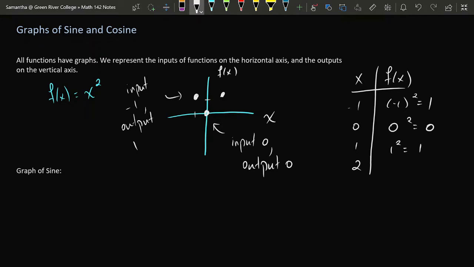So if I plot the point 1, 1, this tells the reader that if you plug in an input of 1, then the output will also be 1, and so on and so forth. And then by connecting the dots, you get a visual relationship of all the inputs and all the outputs for this function. Any point on the graph is a piece of data about an input and the corresponding output.